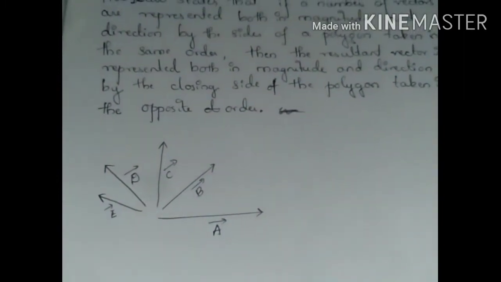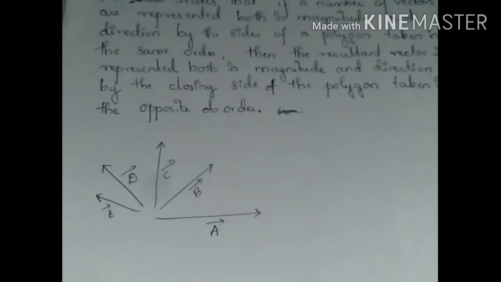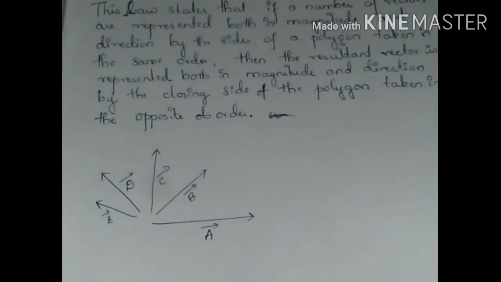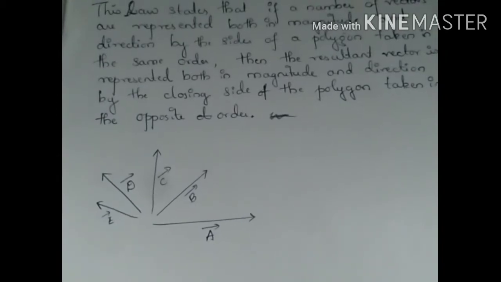Now how do we find the resultant vector of these many different vectors? In order to find that, we use the polygon law of vector addition.